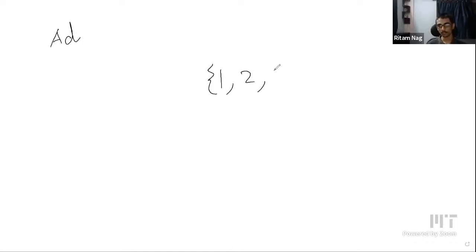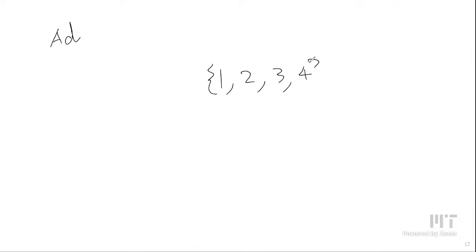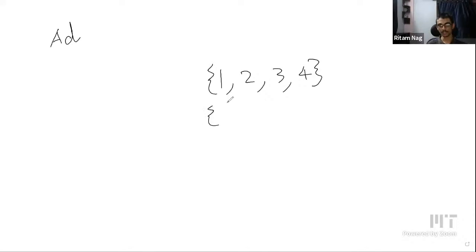Oh, so suppose you have a set 1, 2, 3, 4. Then a subset of this, say 2, 4, corresponds to a binary string, because you just put a 0 wherever you don't have an element and put a 1 wherever you have an element.